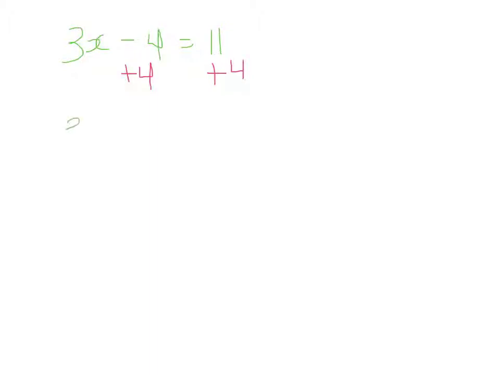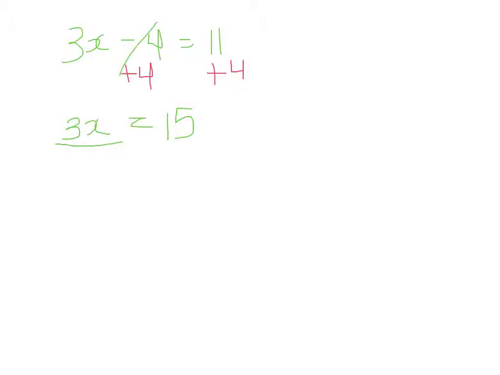When I redraw out what my equation looks like, I'm left with 3x, remember that equals 0, equals 11 added to 4 is 15. So now I know that 3x equals 15. But I don't want to know what 3x equals, I want to know what x equals. So back on my left-hand side of the equation, I want to make my x equal 1 because I want to know what 1x equals.